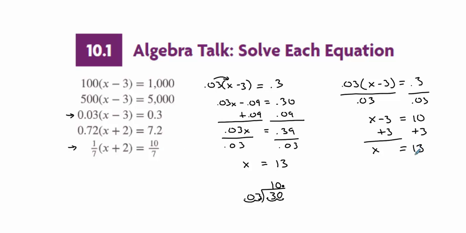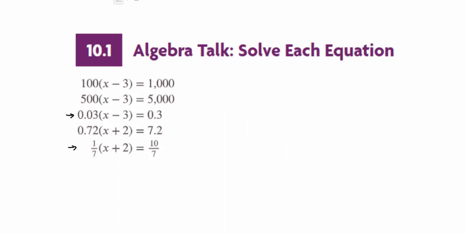Same answer. So let's go down to the last one. The last one says 1/7 times the quantity x plus 2 is equal to 10/7. So I'm just going to use division on this one. I'm going to divide this by 1/7.